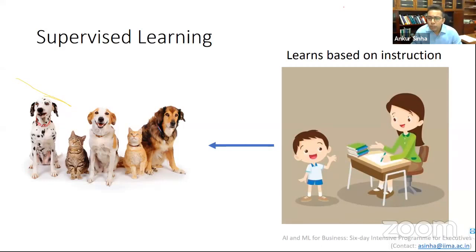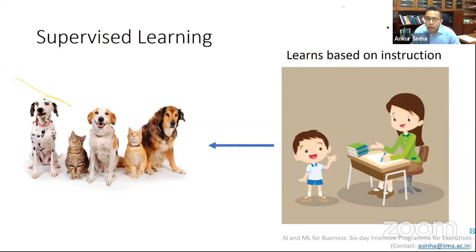Now let us see. There is a teacher and there is a student. If the teacher is giving an instruction to a small baby, to a small student, and explaining to the little guy that in the picture that you see, the big ones are dogs and the small ones are cats.